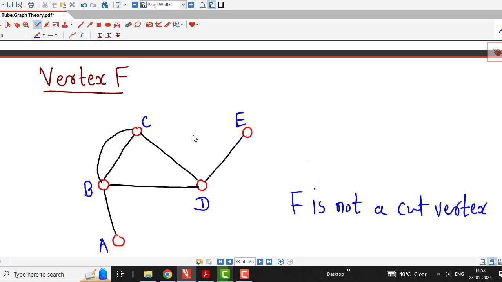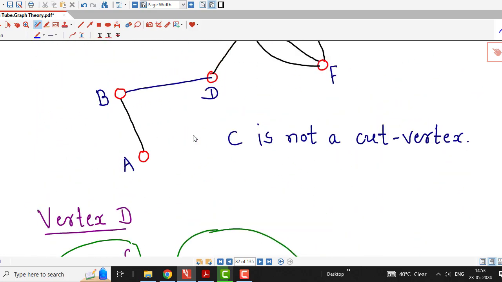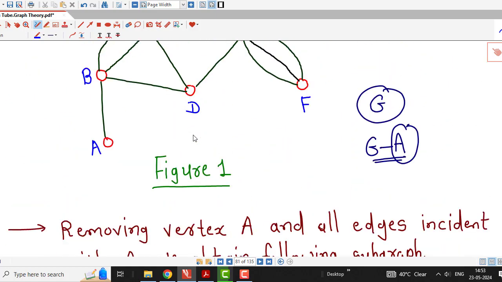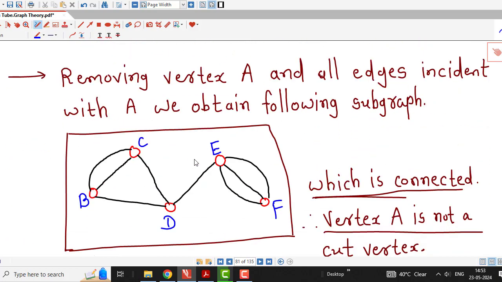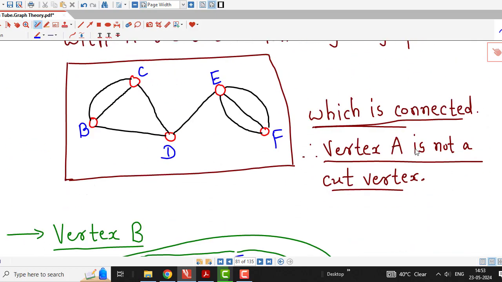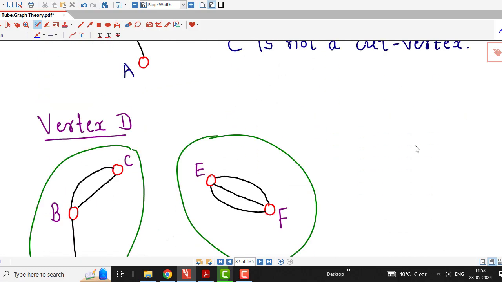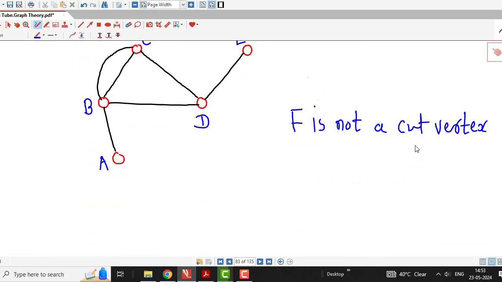So F is not a cut vertex, E is a cut vertex, D is a cut vertex, and B is a cut vertex. So the list of cut vertices: A is not a cut vertex, B is a cut vertex, D is a cut vertex, and E is a cut vertex.